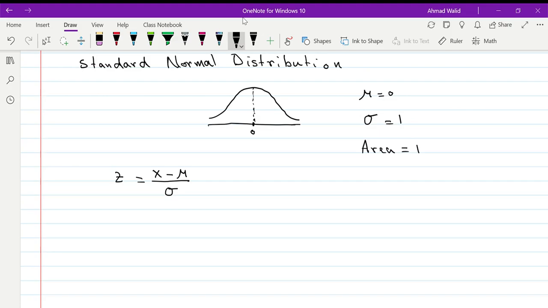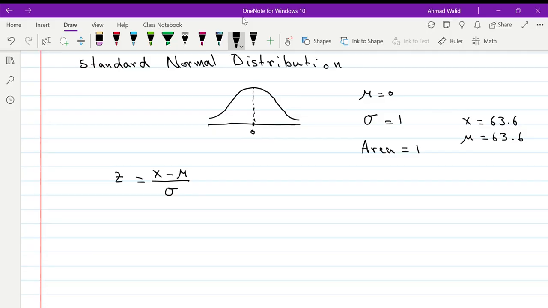correct? For example, if I calculate my x for the normal distribution for women, my x is 63.6, and the mean was also 63.6, correct?